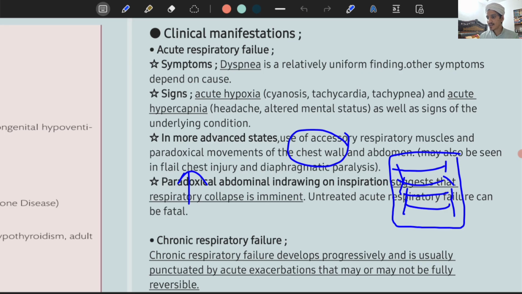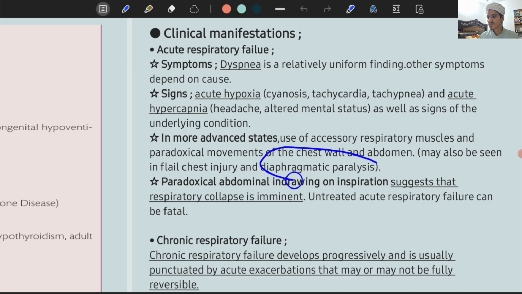Okay, and also in diaphragmatic paralysis, phrenic nerve palsy. What happens is, the diaphragm normally moves downwards in inspiration and upwards in expiration, but it will be opposite in diaphragmatic paralysis. The diaphragm will move inwards during inspiration and outwards during expiration.